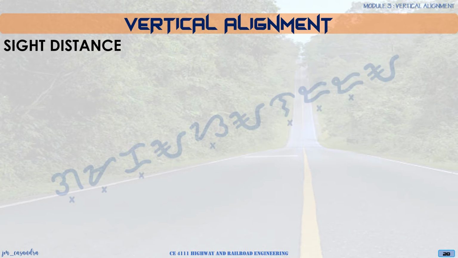So the sight distance for vertical curves would be the distance along the roadway throughout which an object of a specified height is continuously visible to the driver. So this distance would be dependent on the height of the driver's eye above the road surface, the specified object height above the road or your obstruction, the height of the obstruction, and the height and lateral position of the obstruction within the driver's line of sight.